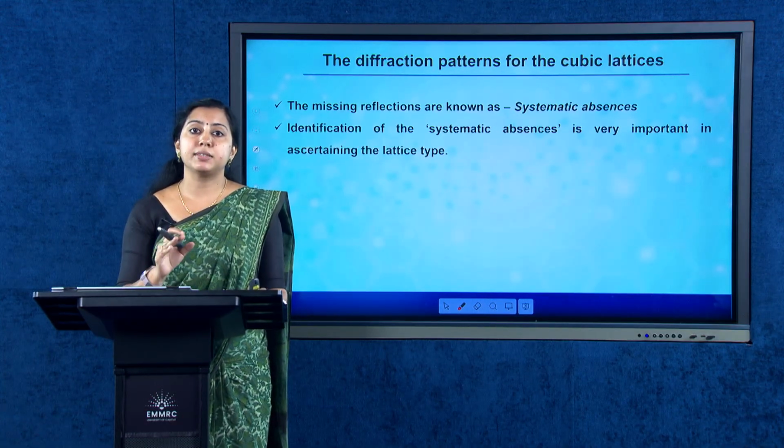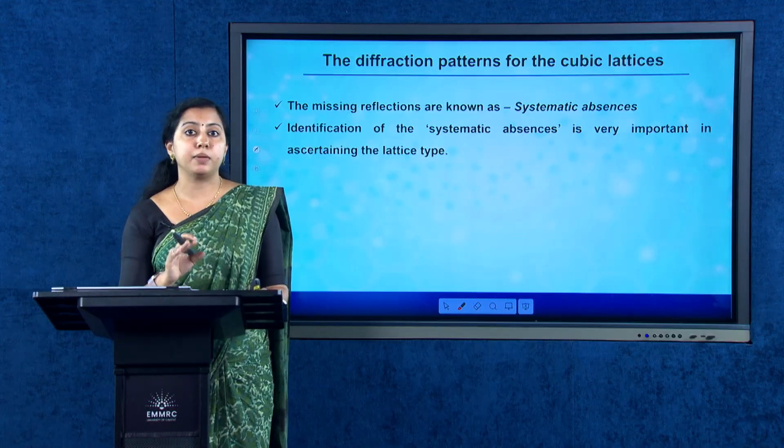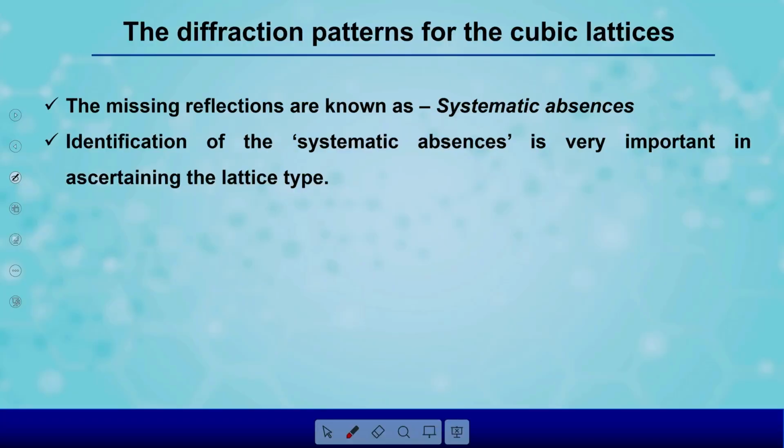Such missing reflections or absent reflections are known as systematic absences. And identification of the systematic absences is very important in confirming the lattice type. So, systematic absences in a particular powder diffraction pattern provide valuable information regarding the lattice type.